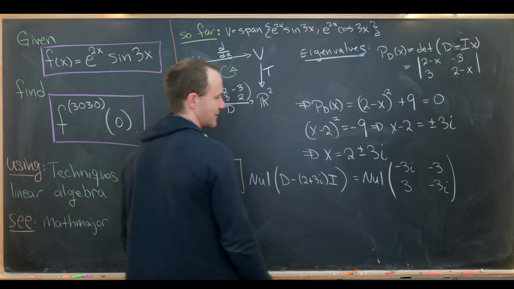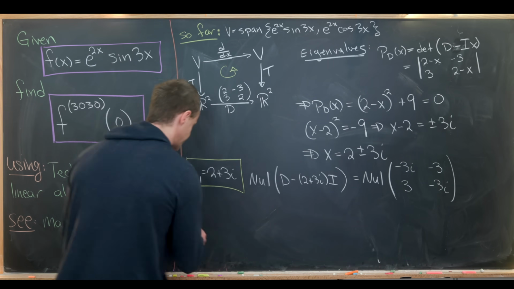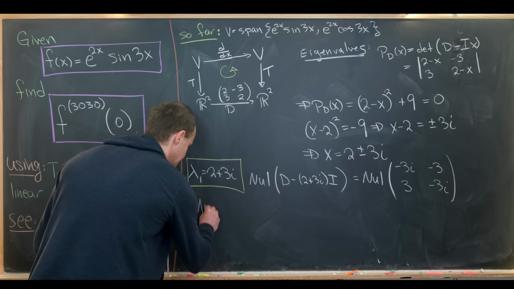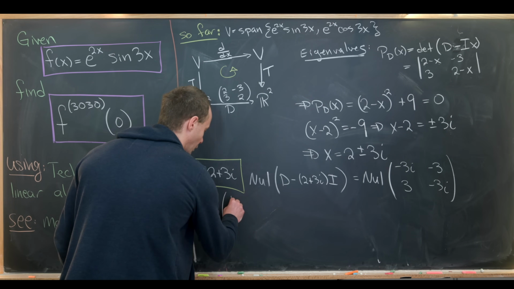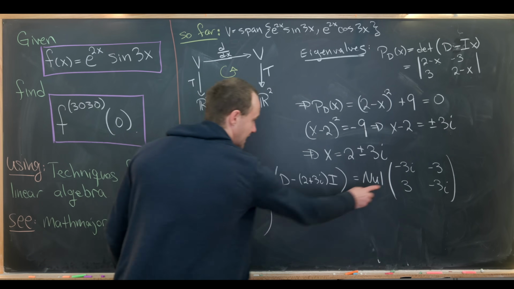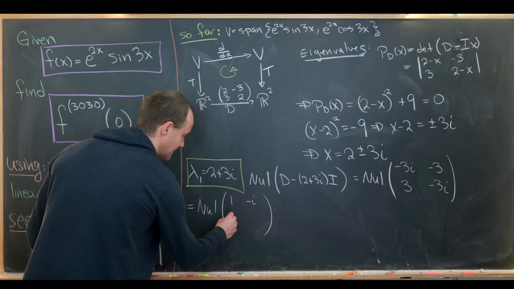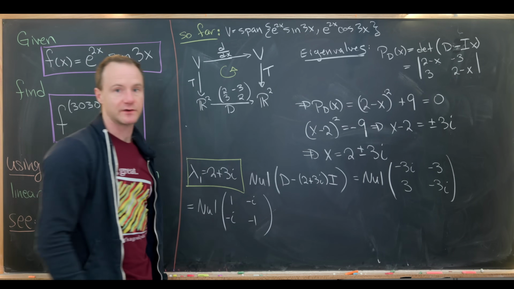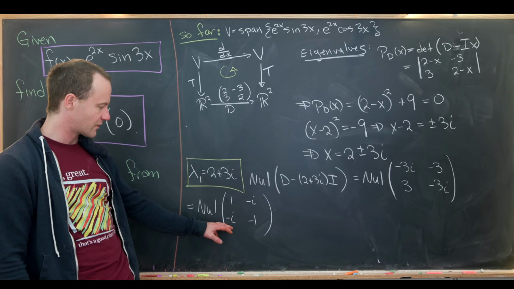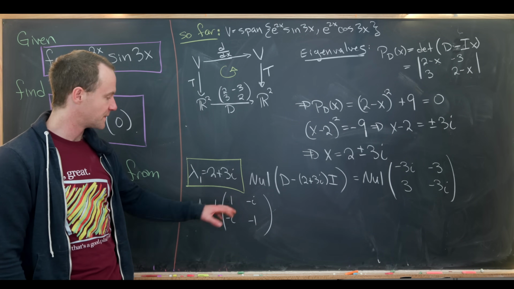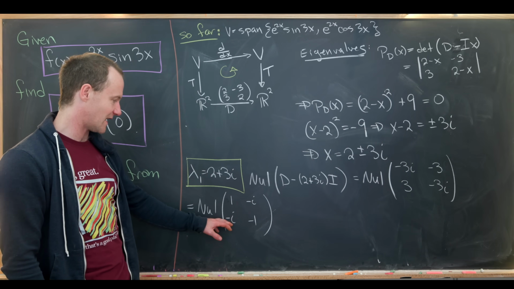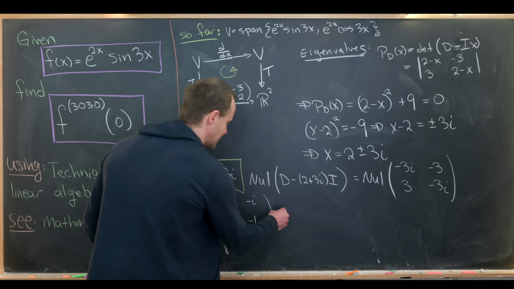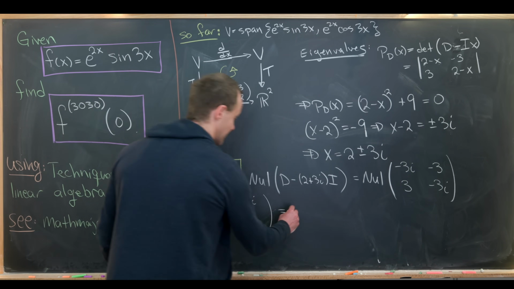Let's maybe do that by swapping the first 2 rows and then simultaneously dividing by 3. So that'll give us the null space of 1 minus i. Again, we swap that up and divide it by 3. And then we have minus i down here and a minus 1 down here. And then let's notice my second row is a multiple of my first row. If I multiply the first row by negative i, then you'll see that I achieved the second row. That means I can reduce the second row out of the situation.